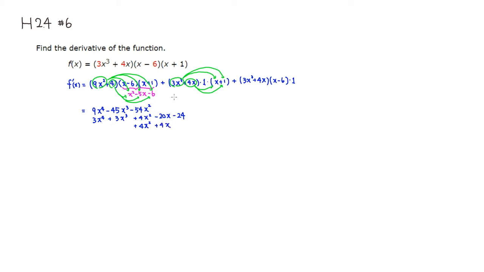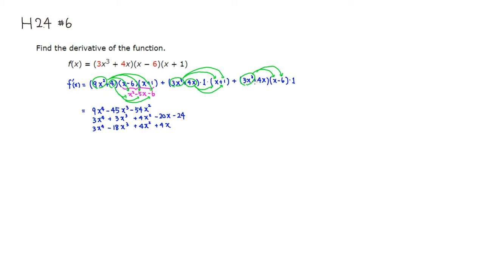Then the last term, we're going to distribute this guy to x and negative 6. So we have 3x to the fourth power and a minus 18x cubed.